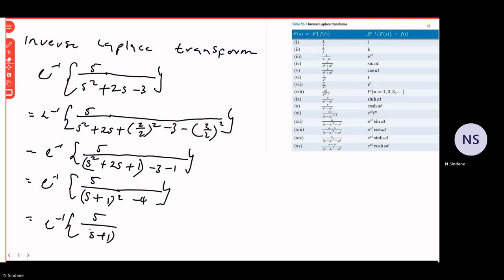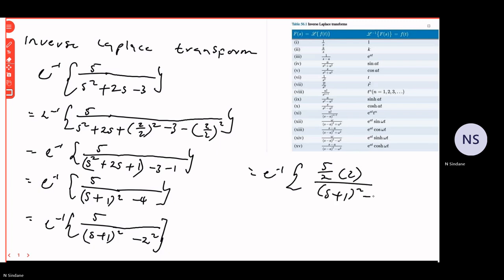Now, I want to make sure that my numerator is equal to 2. This is 2, so this must also be 2. So this will be the Laplace inverse of 5 over 2 into 2, divided by s plus 1 squared minus 2 squared.